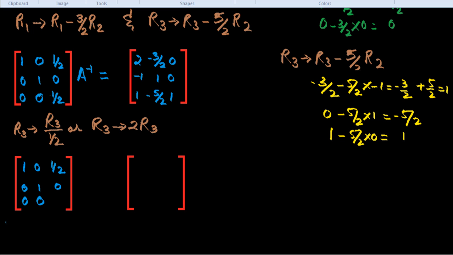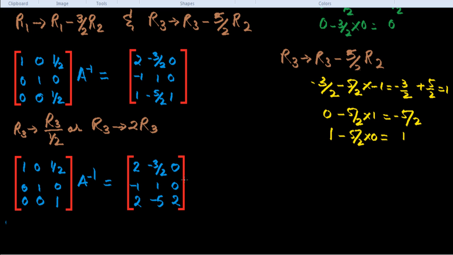If we multiply 2 into 1 by 2 as per this process, we get 1. On the A inverse side, the first and second rows will not be any change. Here it will be multiplied by 2, we get 2. If we multiply minus 5 by 2 we get minus 10, and 1 by 2 we get 2.